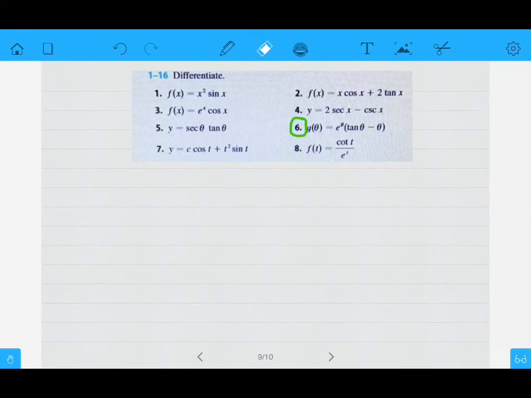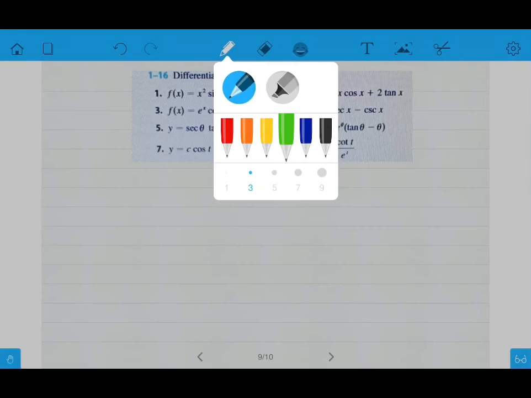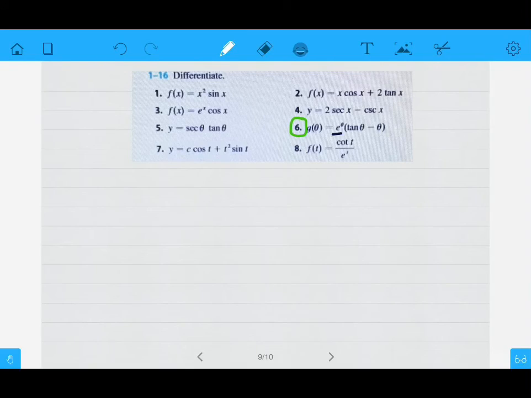Some students want to simplify by distributing the e to the x, or we do it this way: this is the first term, and this is the second term. I can write e to the theta. Why do I write theta? Because g of theta will be derived with respect to theta: tan theta minus theta.